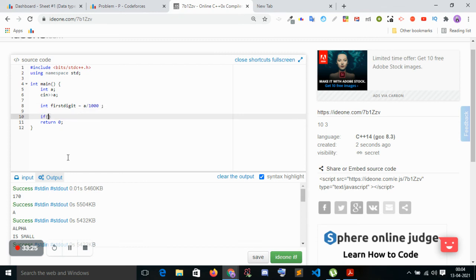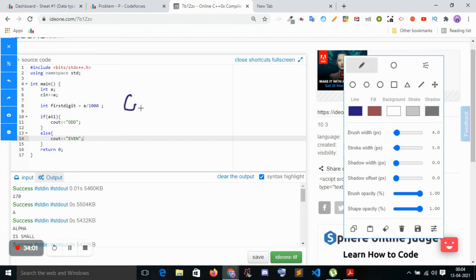Then if a modulus 2, or we can use a bit multiplication, a and 1, is a and 1, cout odd, else cout even. Or you can do a modulus 2 here, this also works.